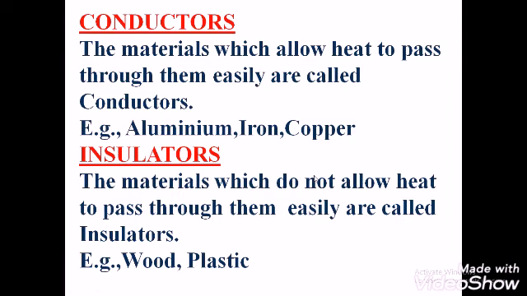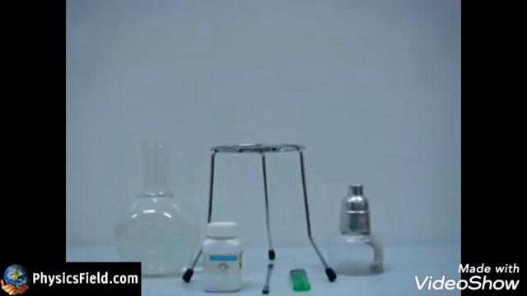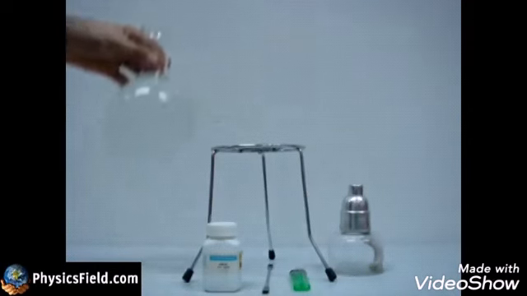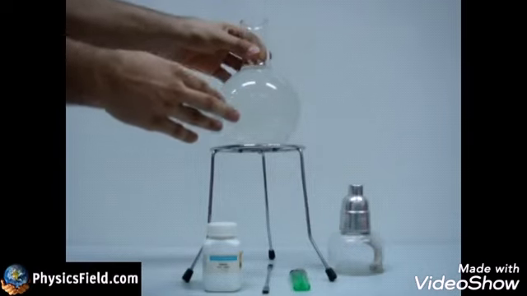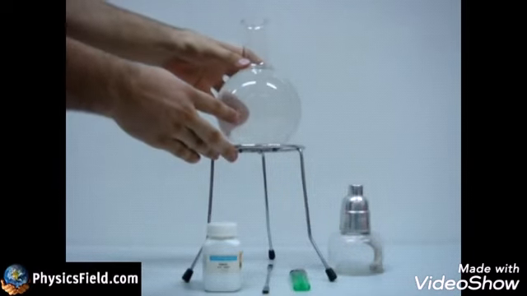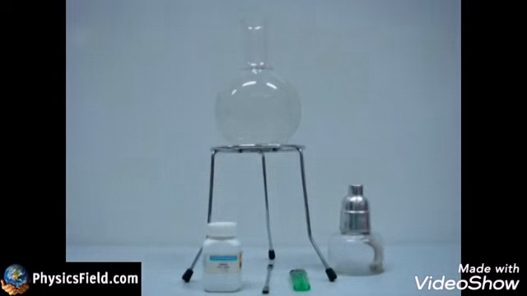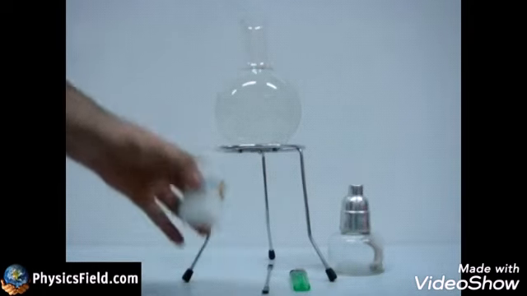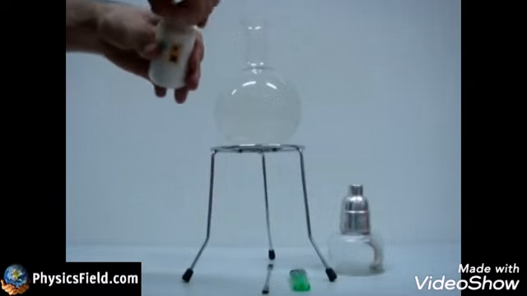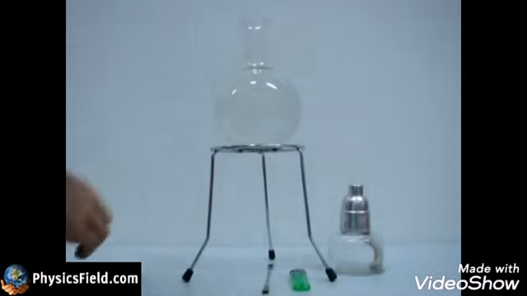The water and air are poor conductors of heat, right? Then how does the heat transfer take place in these substances? Let us find out. We have already filled the flask here. We are going to place it on the tripod stand. Then we are going to add some potassium permanganate crystals.